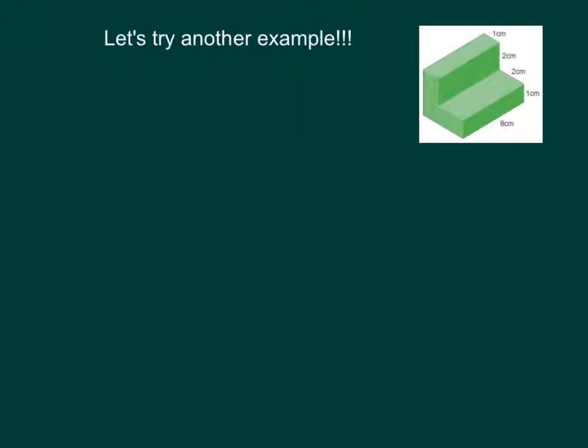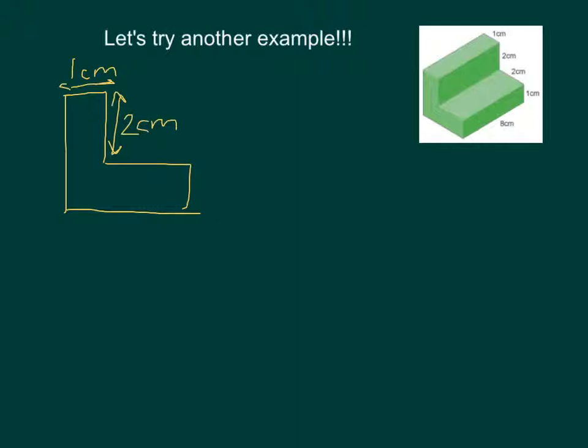Now this cross-section looks a little bit more complicated, so let's break it down. We know that we have 1 centimetre here and 2 centimetres here. We also have 2 centimetres here and 1 centimetre here.